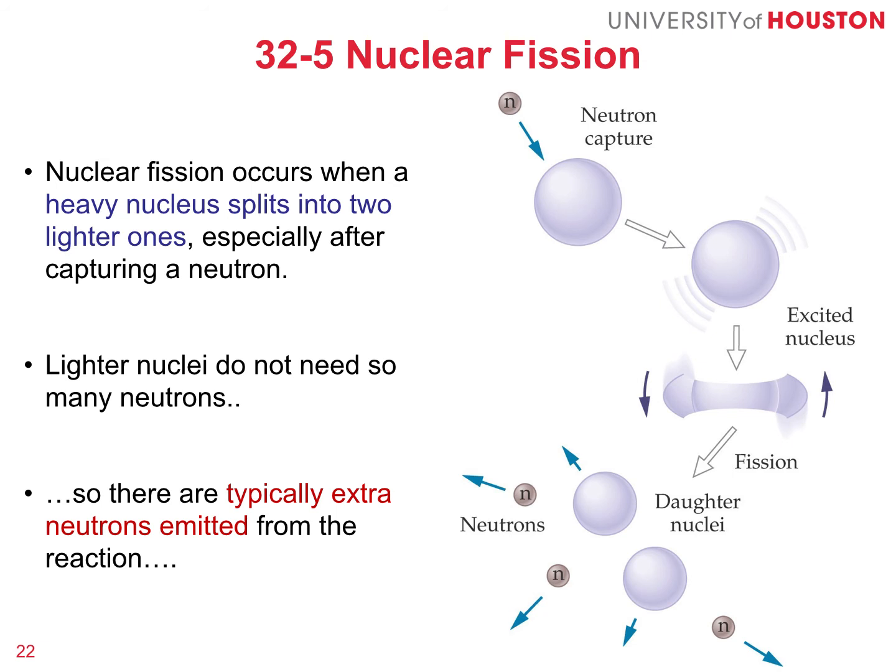Nuclear fission occurs when a heavy nucleus splits into two lighter ones, especially if it captures a neutron. Lighter nuclei do not need so many neutrons for this process to happen, and typically when it does happen, one will emit many more neutrons in the process.